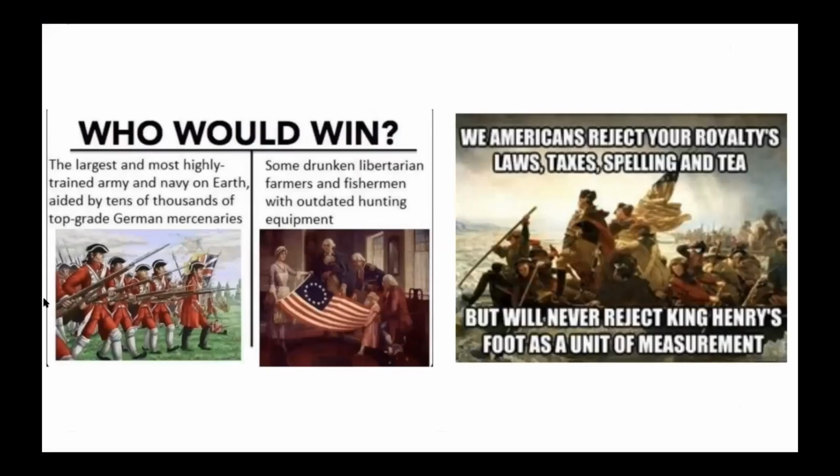The meme says, we Americans reject your royalties, laws, and so on, but we will never reject King Henry's foot as a unit of measurement. It's kind of a funny thing where Americans rejected the tea, the taxes, the laws, and certain spellings of words, but they never really rejected King Henry's foot, which is what we use now as a measurement, like 1 foot, 2 feet, 3 feet.